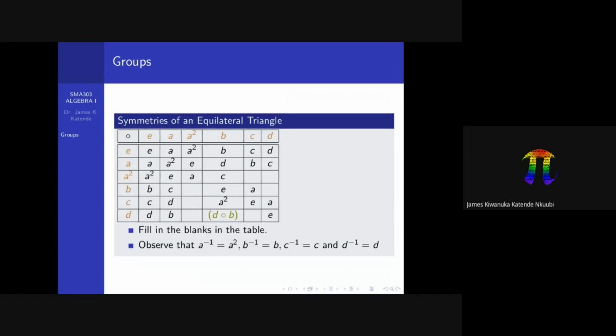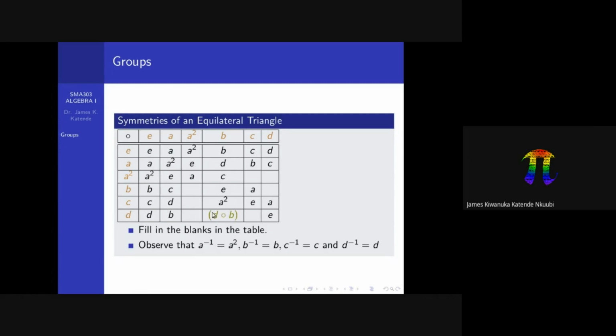You can do this in your own time. So we can put all this information in a table, the composition. We can set up a group table for this. So for instance, the one we have done was A of B. A of B is here. If you compose A and B, you get D. So how it works, this here is going to show you how this works.